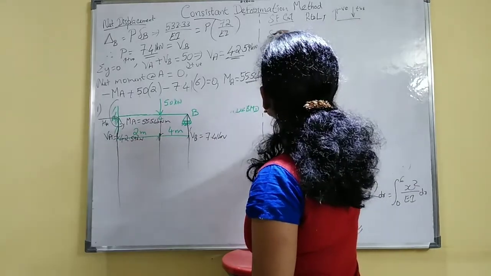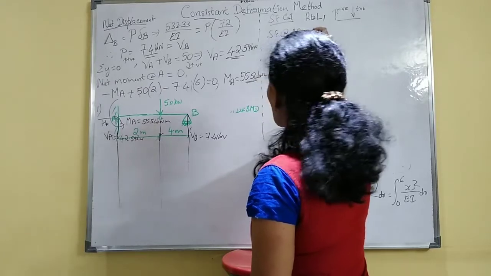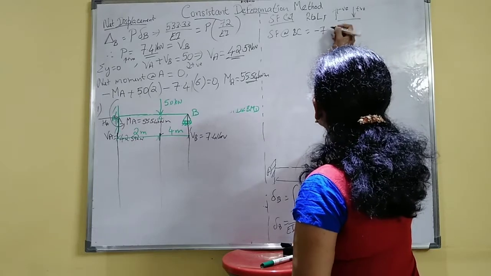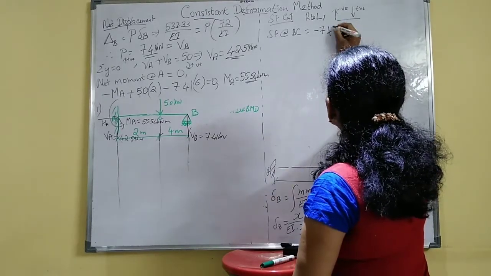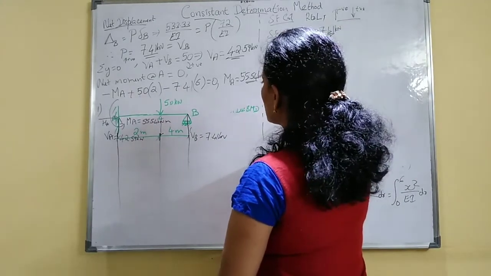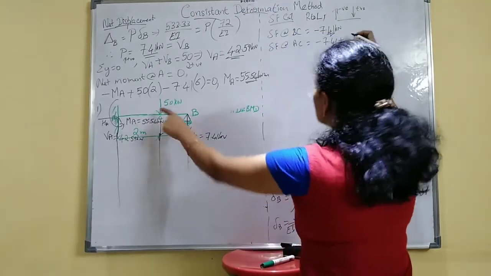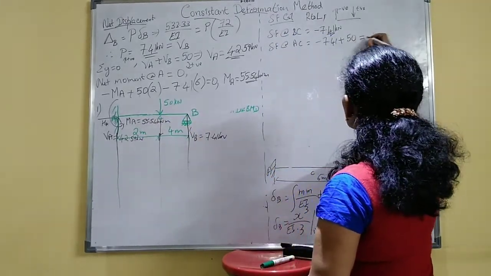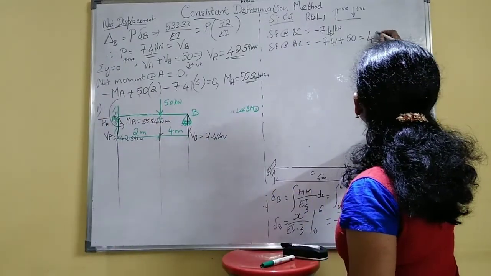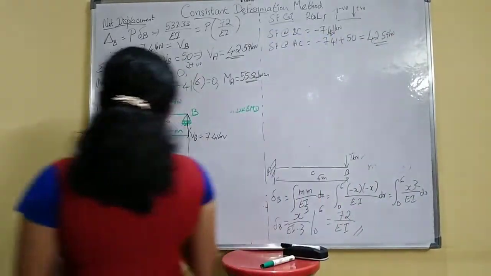So here shear force at BC you have minus, upward, so minus 7.41 kilonewton. Next shear force at AC you have minus 7.41 plus, downward as positive, so plus 50. So we will be having 42.59 kilonewton. Okay, just mark it.